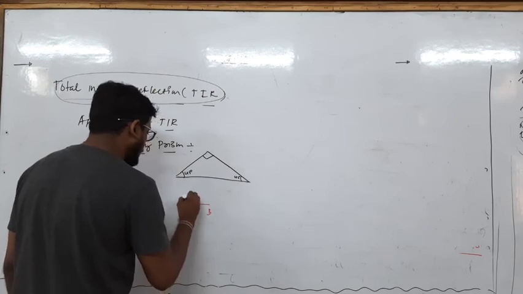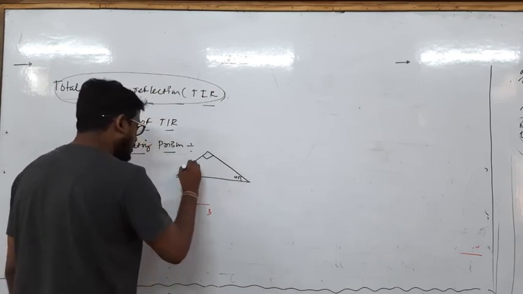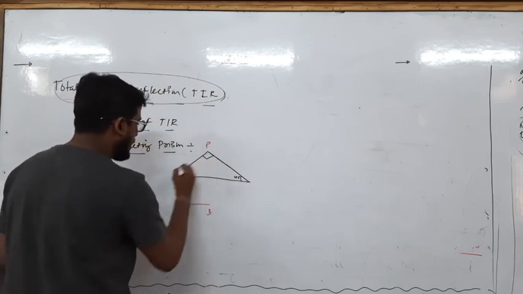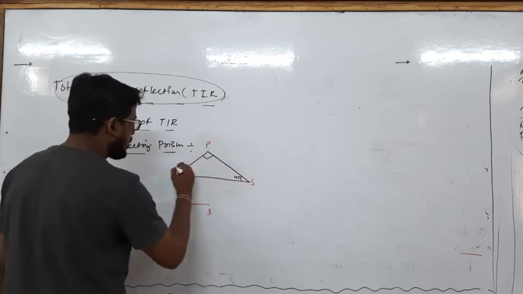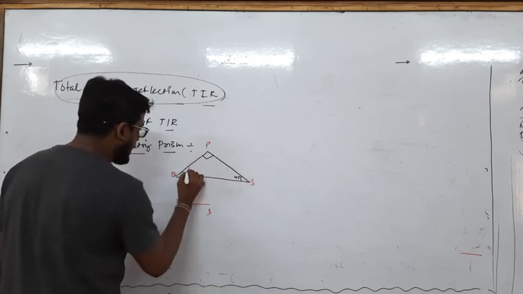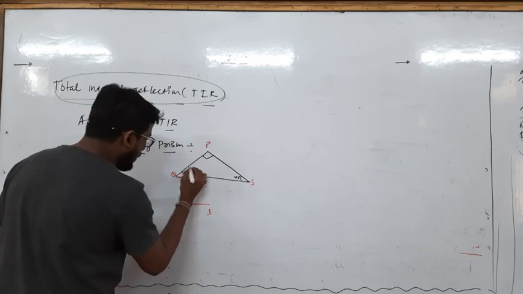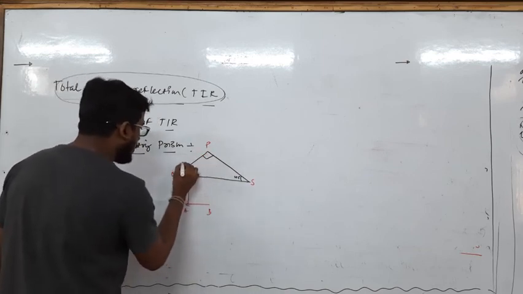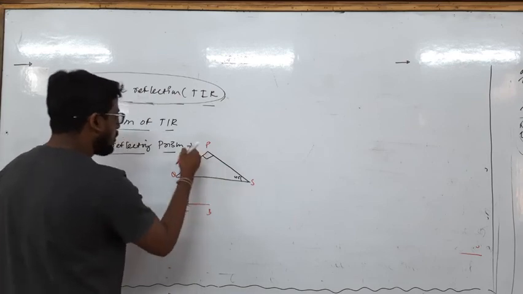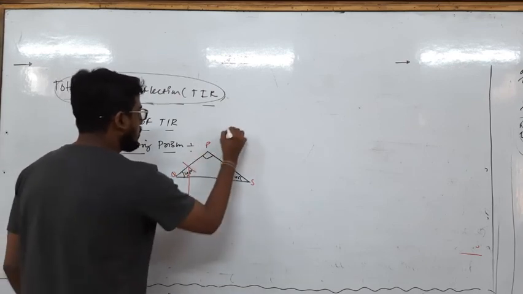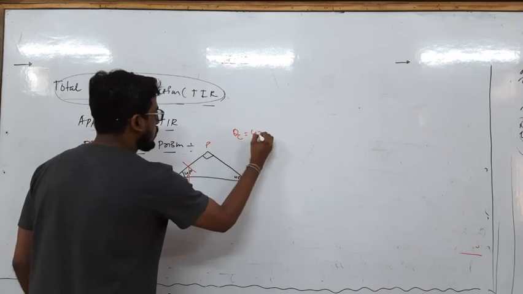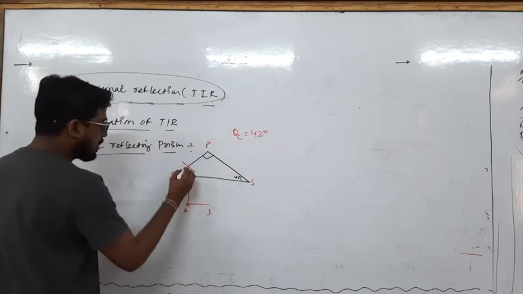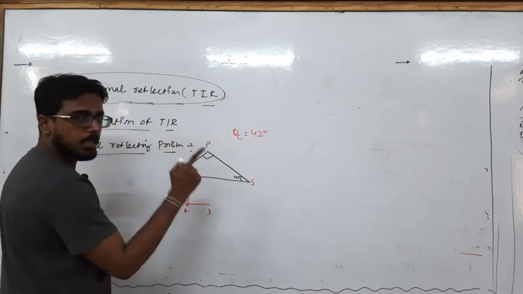If light is incident from this direction, here is an object A and B, the light is incident normally and strikes the interface PQ. The critical angle for the glass-air interface is 42 degrees, and here the angle of incidence is 45, which is more than the critical angle.